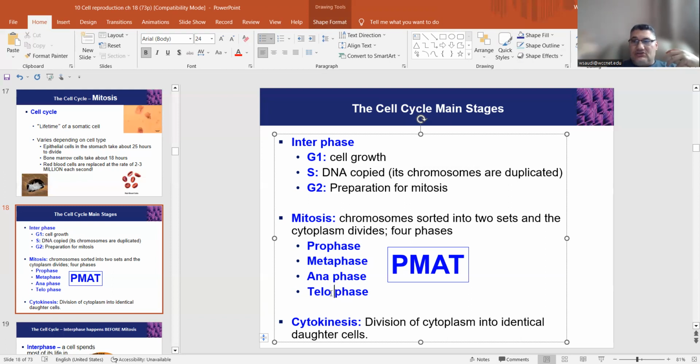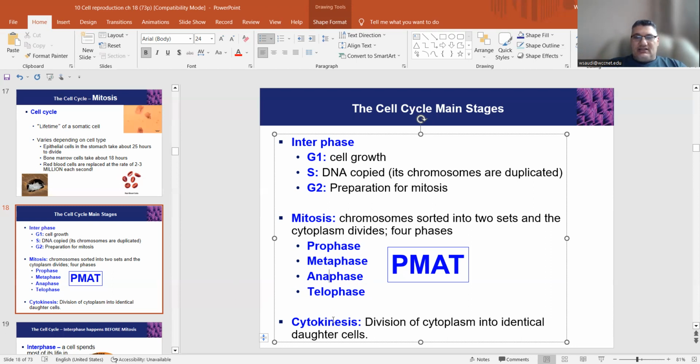Phone is sound, and telo means away. You hold your telephone, and somebody else in another state is talking to you, and the sound is moving away, or in a distance. So telo means distance. So this is the distant phase, and you will see the details. I just wanted to translate it for you so you have an understanding of what it means first, and then we go into the details.